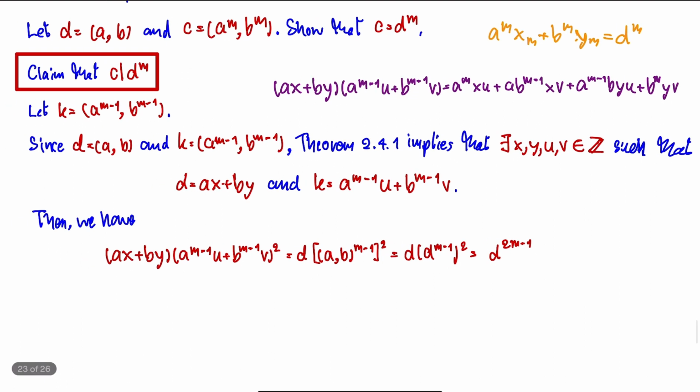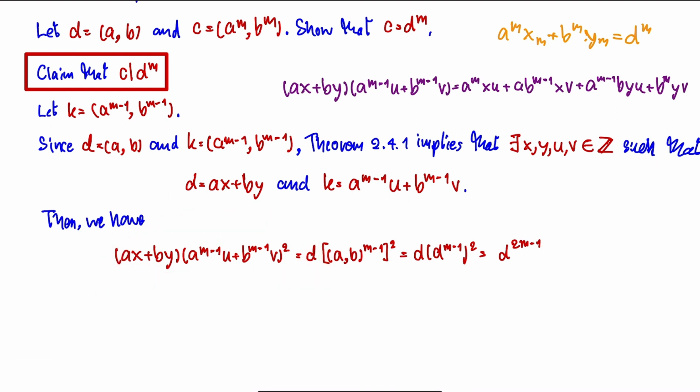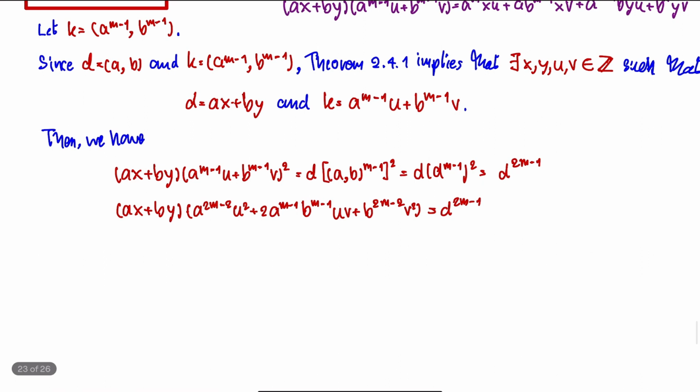The next thing I'm going to do is expand the left hand side. Then we have ax plus by. And what happens next? We have a to the 2m minus 2 u square plus 2a to the m minus 1 b to the m minus 1 uv plus b raised to the power of 2m minus 2 v square equal to d raised to the power of 2m minus 1.